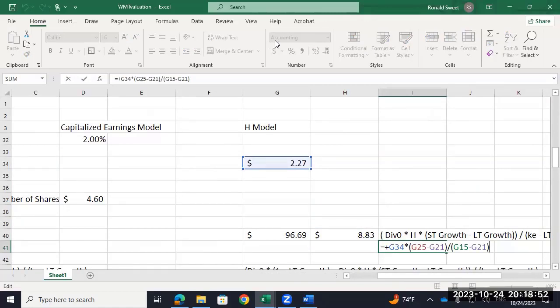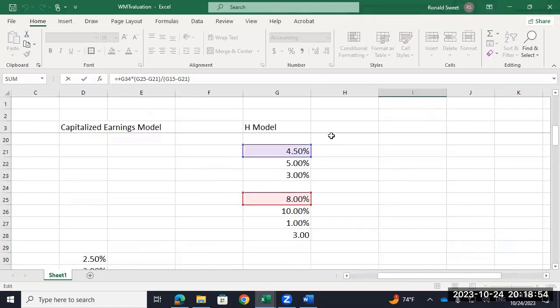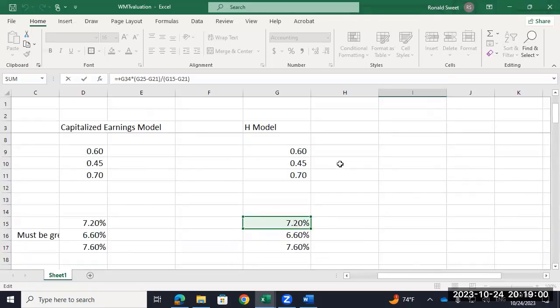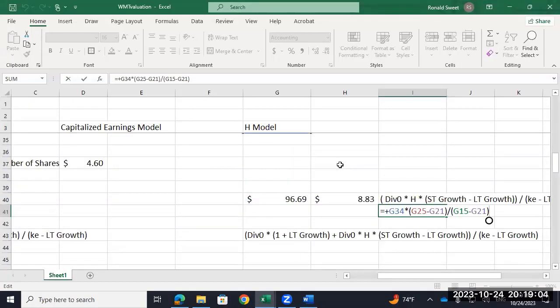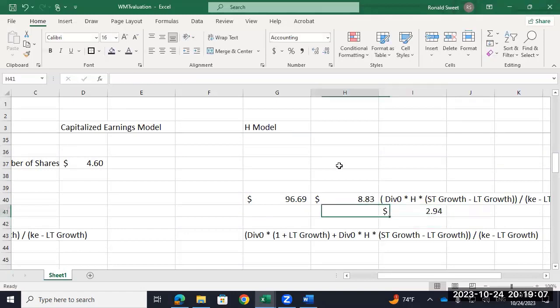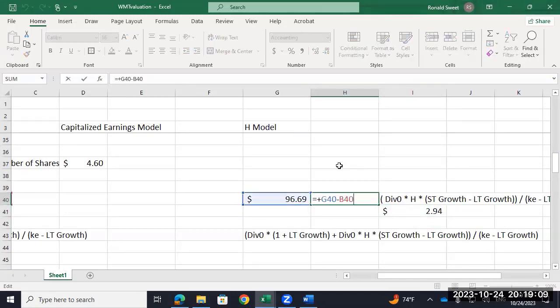G34, G25 minus G21, that looks good. Divided by G15, looks right. Minus G, everything looks right. So I don't know why I've got different numbers unless I did something wrong here.